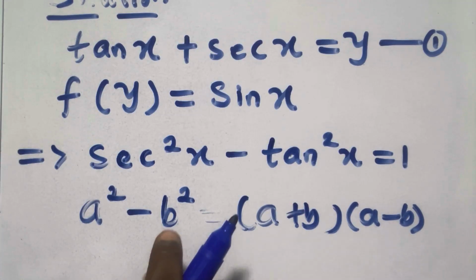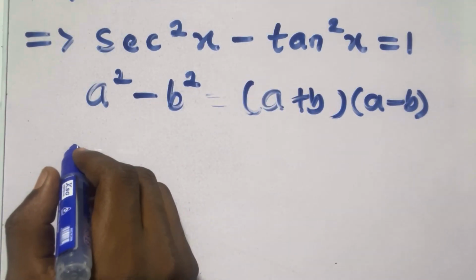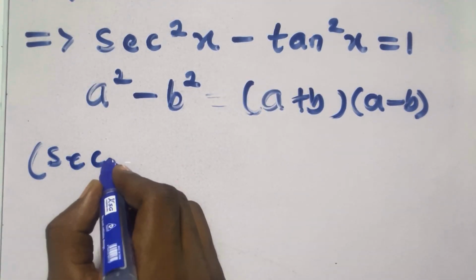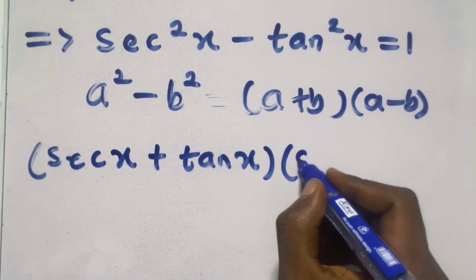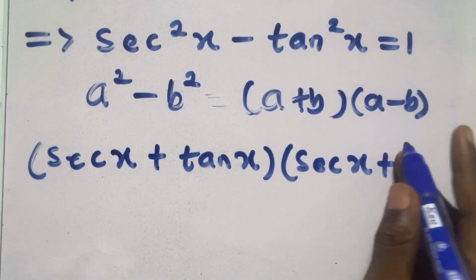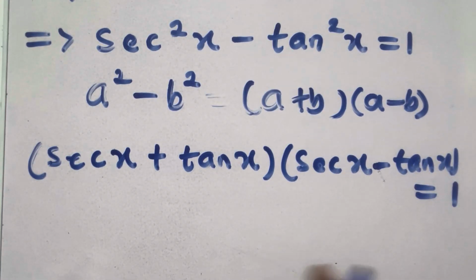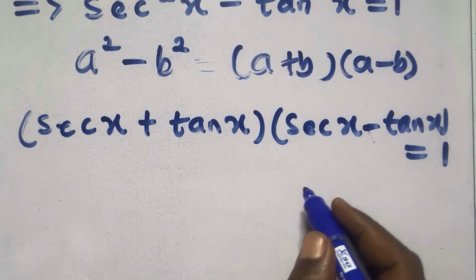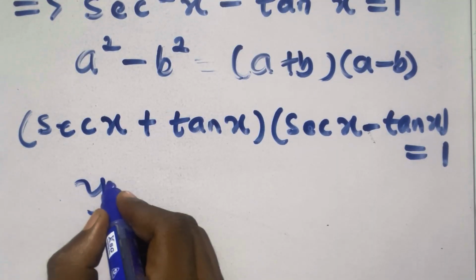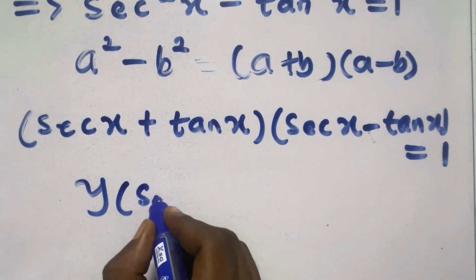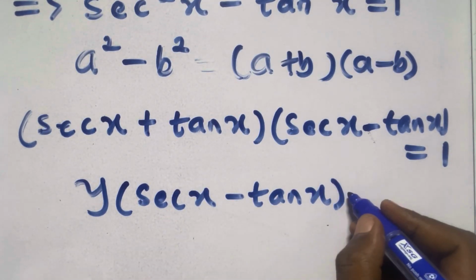Now if you apply this, the above expression will be sec x plus tan x multiplied by sec x minus tan x equals 1.